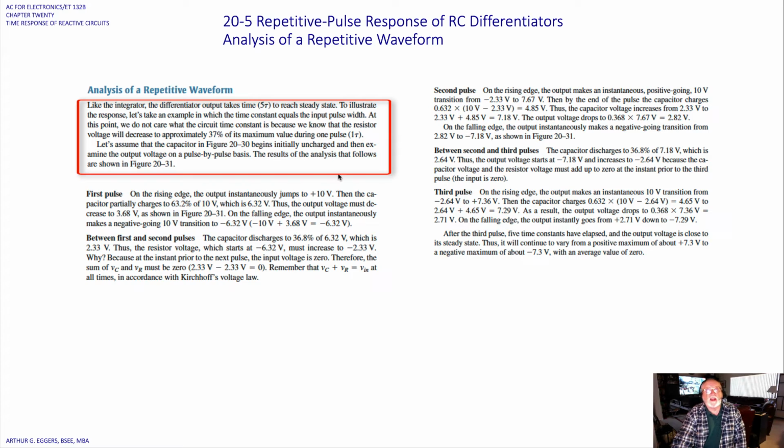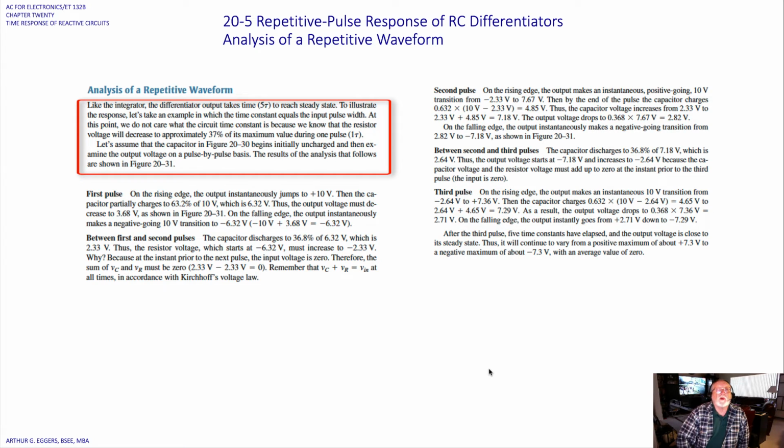So again, let's take a look at an analysis of the repetitive waveform just like we did before. Like the integrator, the differentiator output takes 5 time constants to reach its steady state. To illustrate the response, let's take an example in which the time constant equals the input pulse width.